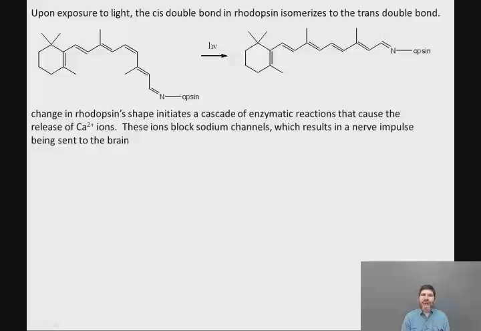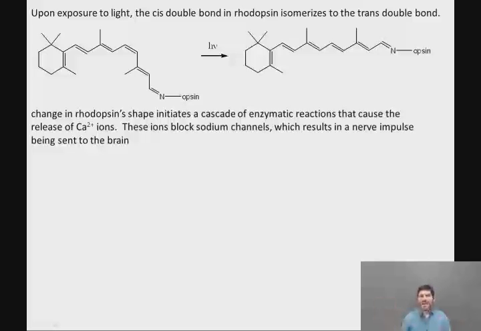And what actually happens is these calcium ions, because you get so many of them, block sodium channels, which are simply protein pores through which sodium, being a charged species, can pass in and out of cells. Sodium, being Na+, cannot easily diffuse across the lipid membrane of a cell.